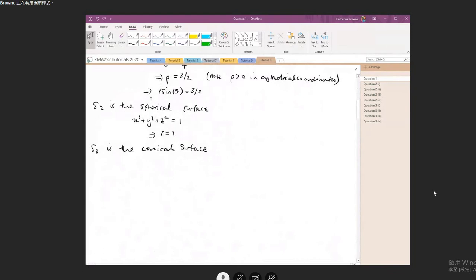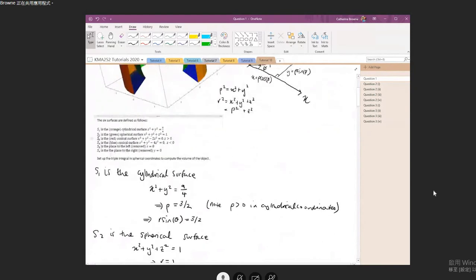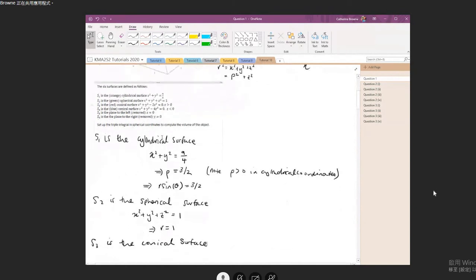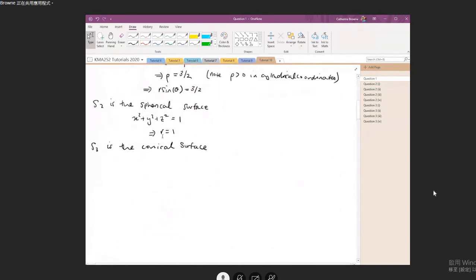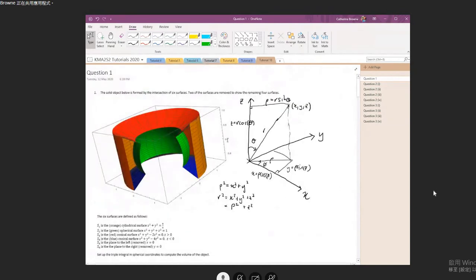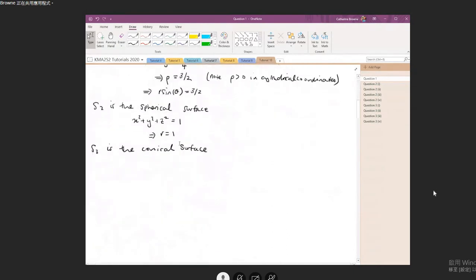And I've said it's given by x squared plus y squared minus 2z squared is equal to 0, where z is positive, because this here is my z equals 0 plane. So the red part is where z is greater than 0.